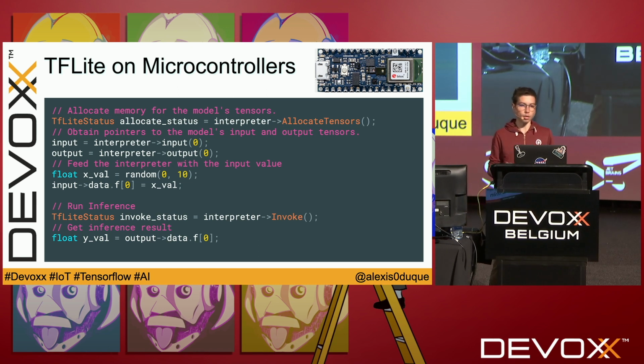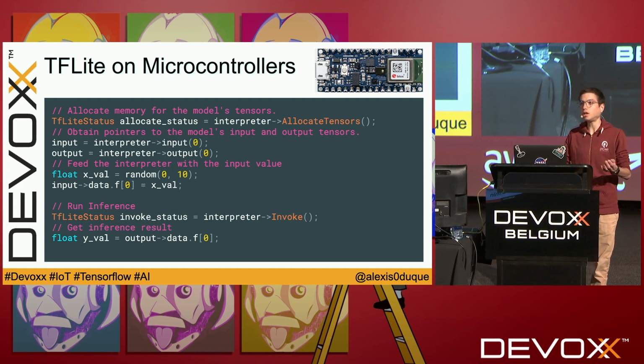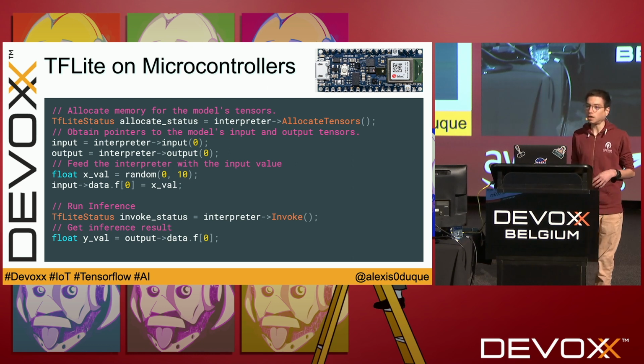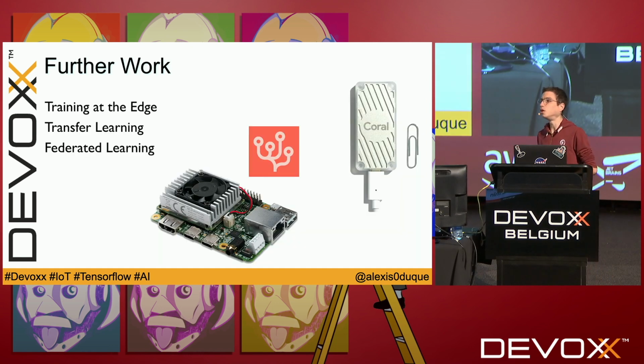So you put the sensor data into the memory that you have allocated, and then you invoke the TensorFlow Lite interpreter, and then you read the output. So it's quite similar to the Python API.